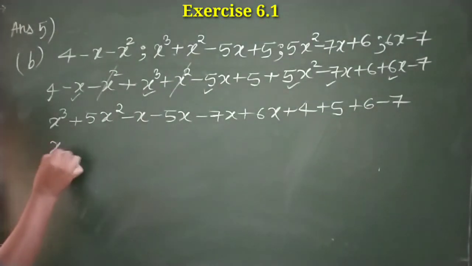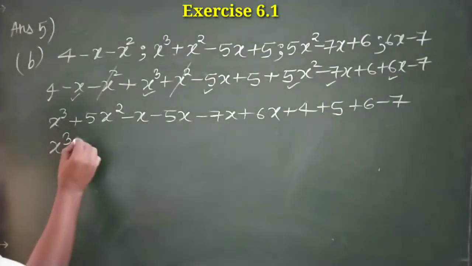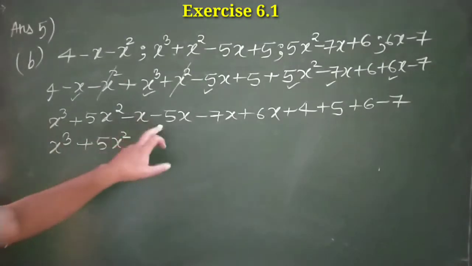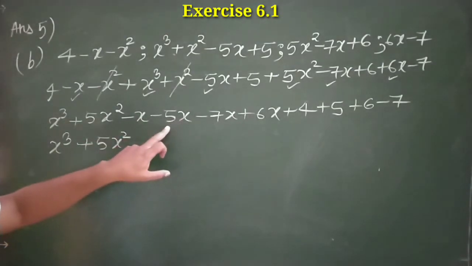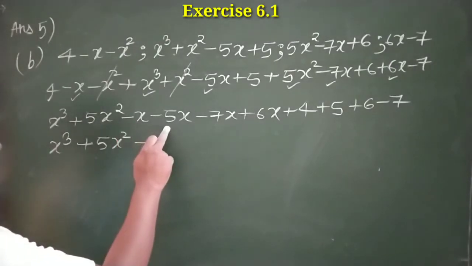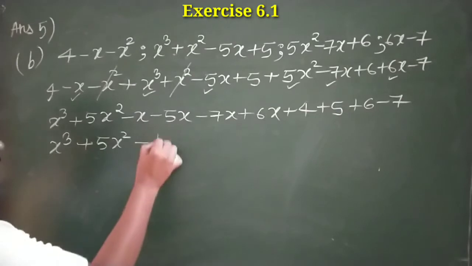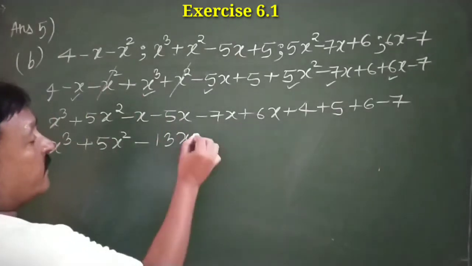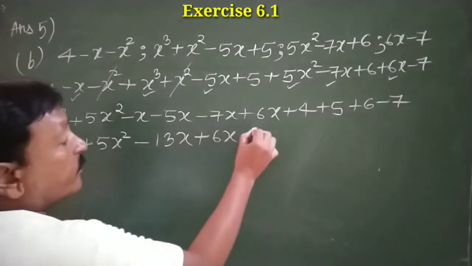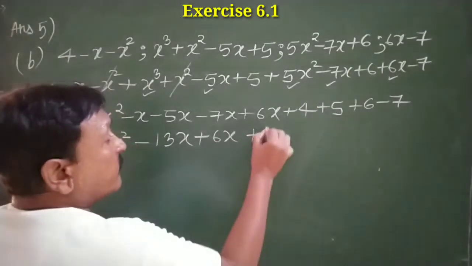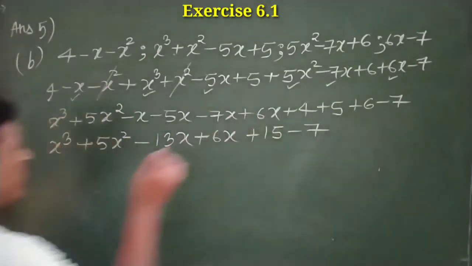X cube, 5x square, it is alone. See here, minus, minus, minus, all three will get added up but with the minus sign. 1 plus 5, 6, 6 plus 7, 13, minus 13x plus 6x, it is left, okay? Plus 5 plus 4, 9, 9 plus 6, 15 minus 7.